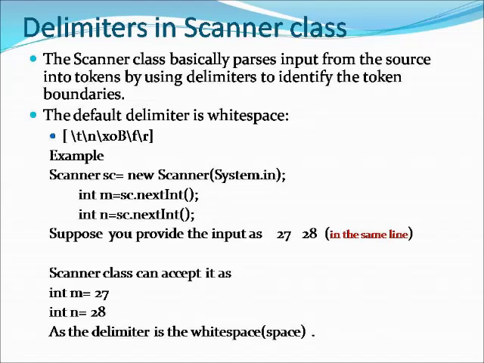In the case of the Scanner class, the delimiter is white space, so the Scanner class can accept int m is equal to 27 and int n is equal to 28. The reason is that the space is the delimiter.